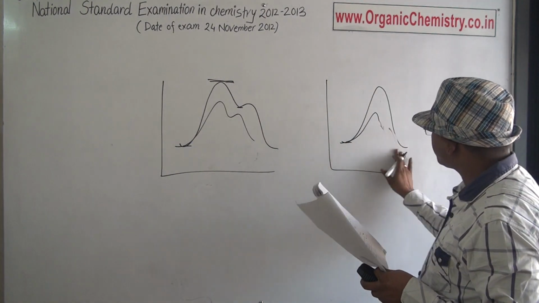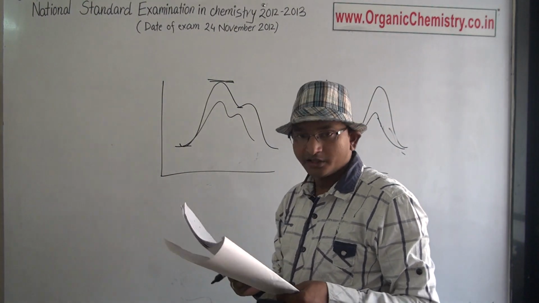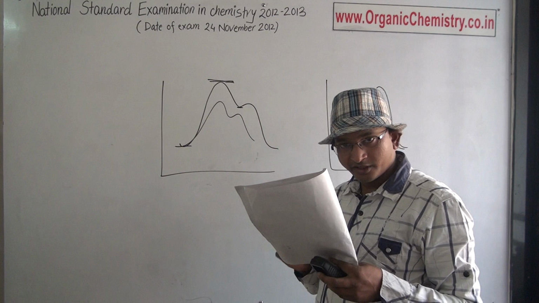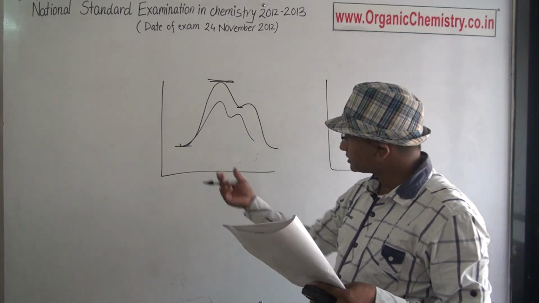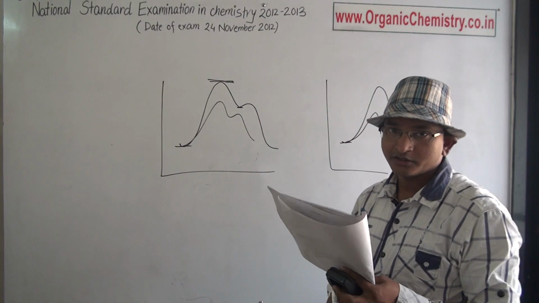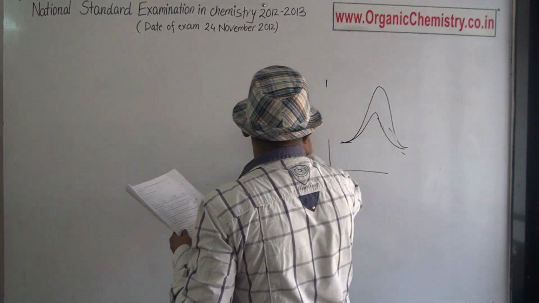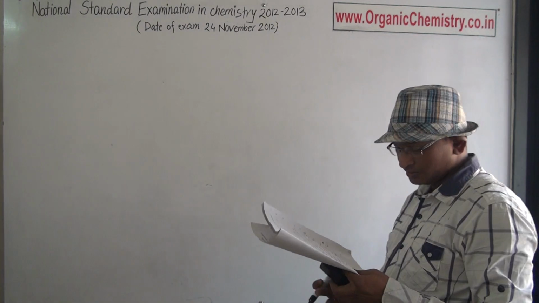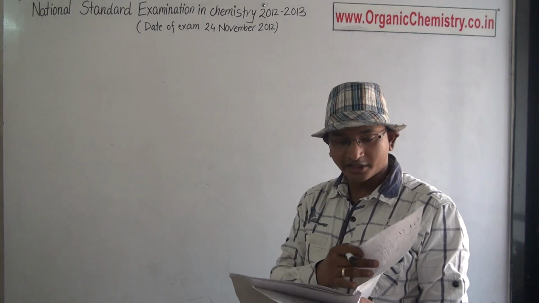And if this activation energy is decreased, then the rate of reaction will be increased. And this activation energy will only decrease if the transition state gets stabilized. Third is substrate and fourth is the product. So the answer will be transition state. Catalyst lowers the activation energy, that means it stabilizes the transition state.